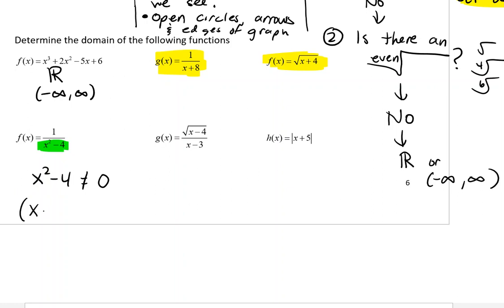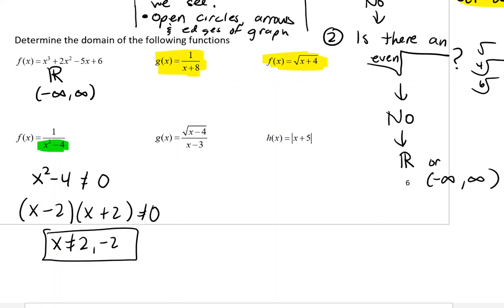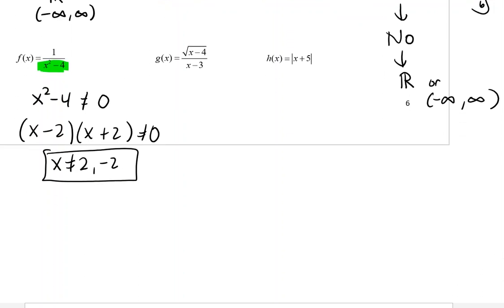I'm going to go for factoring. x minus 2, x plus 2, and x can't be 2 or negative 2. So this one had 2 values it couldn't be. Again, you can leave your answer in this inequality notation, but you could also write it like this.